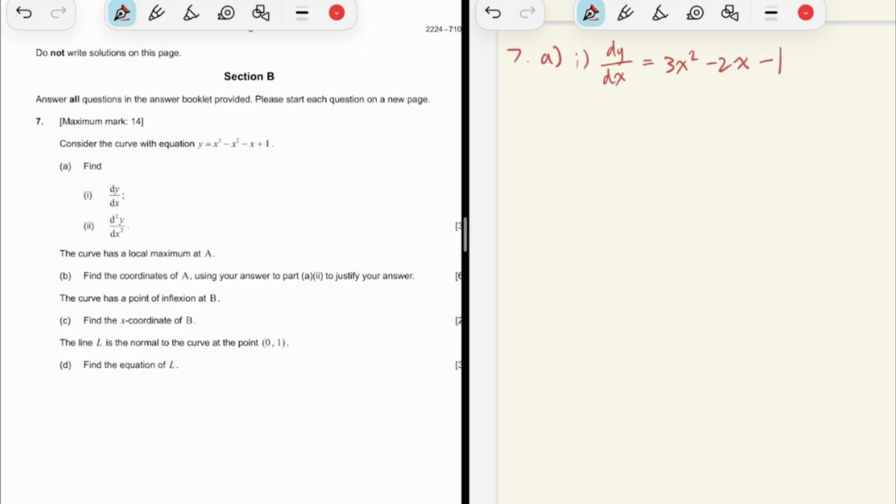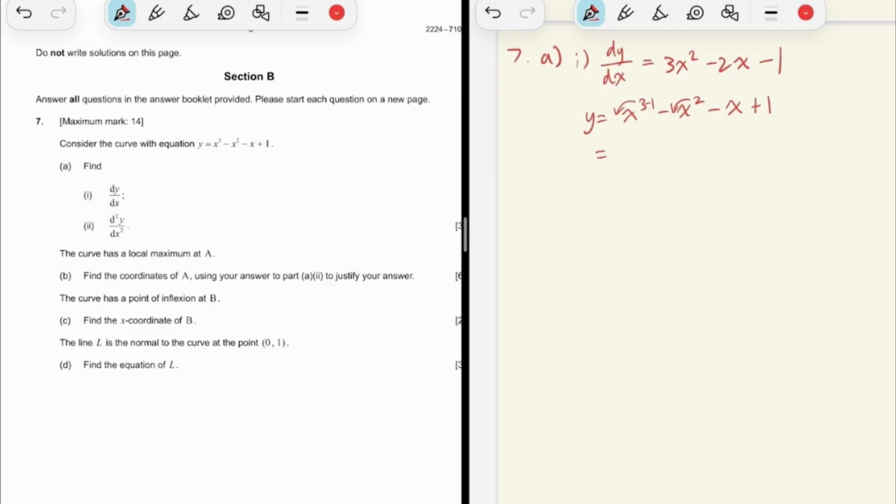And this is because y is equal to x cubed minus x squared minus x plus 1. And so we know that taking the derivative means that you're moving the exponent to the front of the term, so it turns into a coefficient, and then this number over here would minus 1.